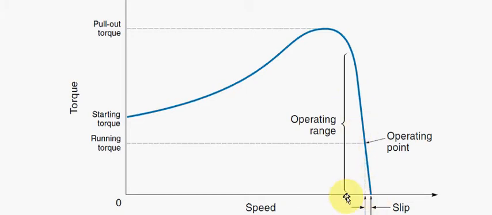The slip being the difference between the running speed and the synchronous speed of the motor, referred to as slip. Just as a side point, you can see this pull-out torque over here, which is the maximum torque that the motor can deliver, is higher than the starting torque.